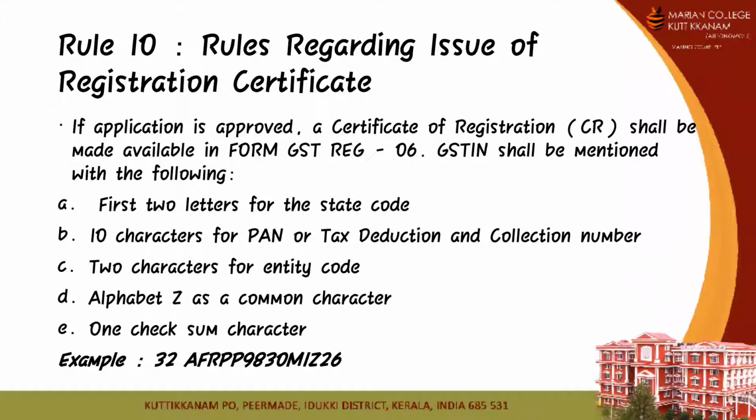Then the common character, Z. Then one checksum character, that is 26. So 26 will normally be the sum of the digits, so add the digits and see whether the sum is 26. These are the items that are included in the GSTIN of a registered person.